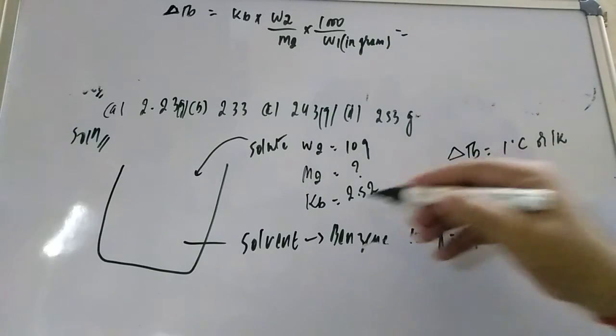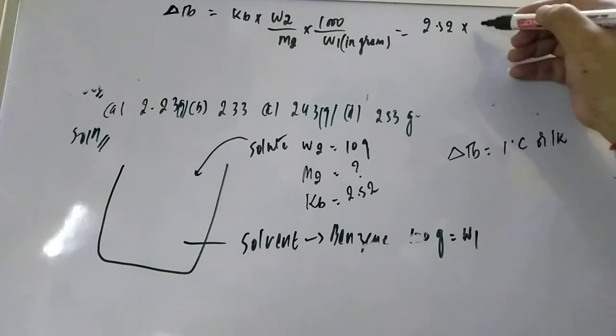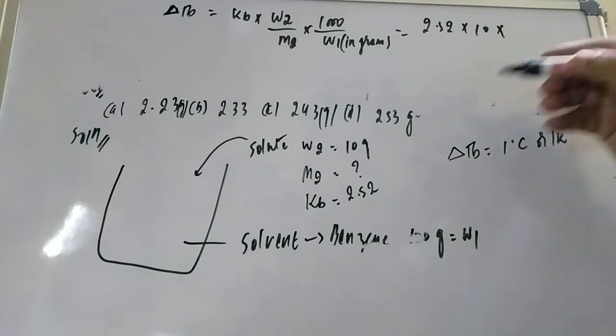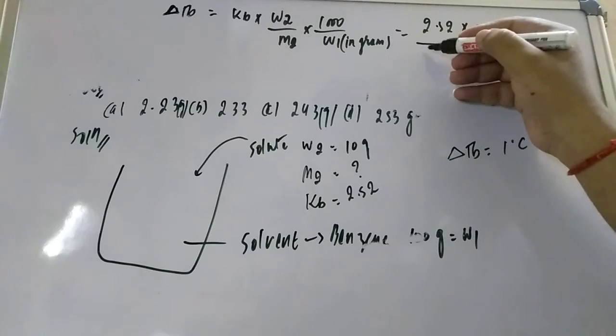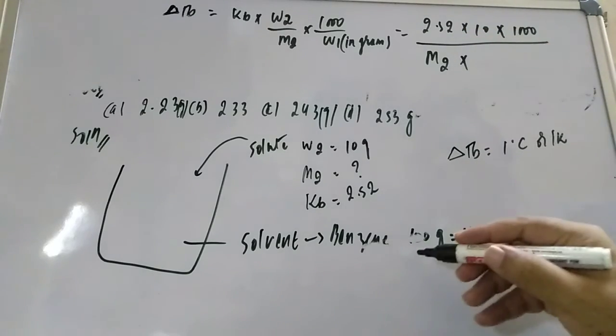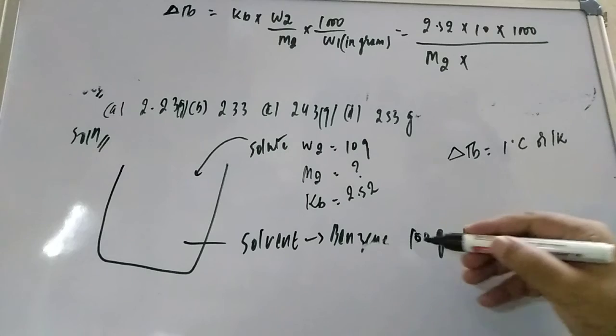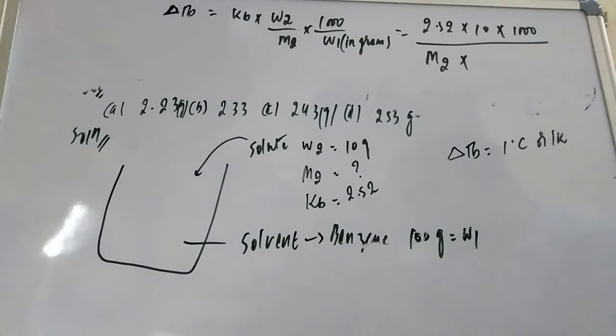KB value how much, student? 2.52 multiplied by how many gram of solute? That is 10 gram of solute, multiplied by 1000 from the formula, and M2 they are asking, student, and here how many gram of solvent, student? That is 100 gram of benzene.